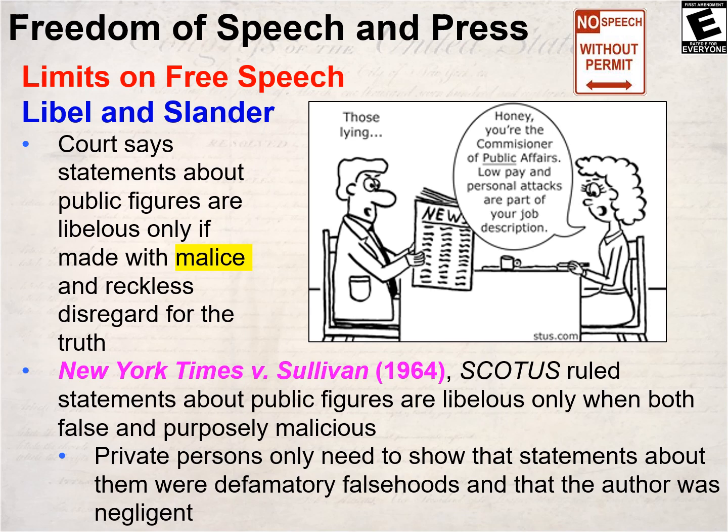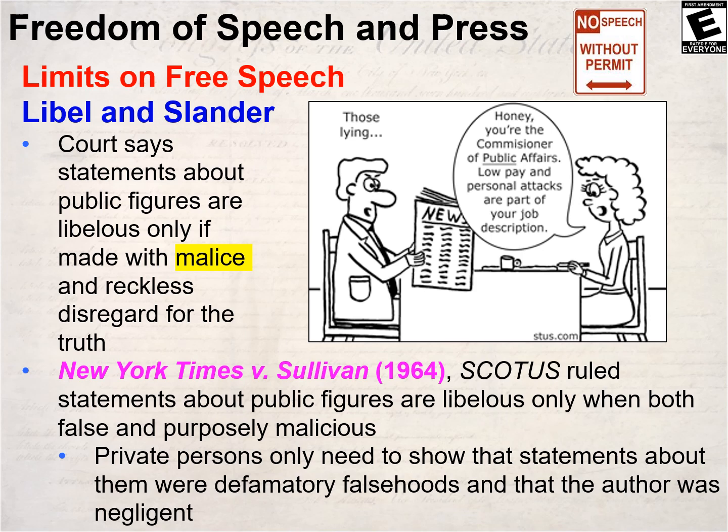Because in order for there to be libel, which is a written lie, or slander, which is spoken lies, just think slander, S, spoken, S, there has to be something called actual malice.